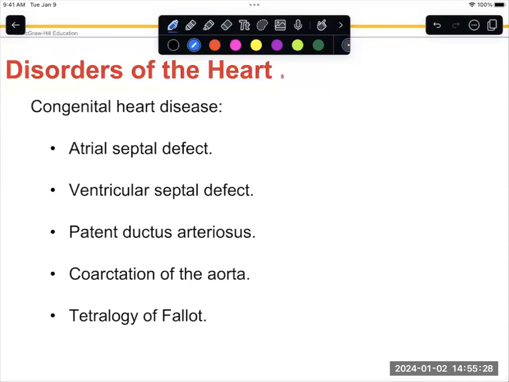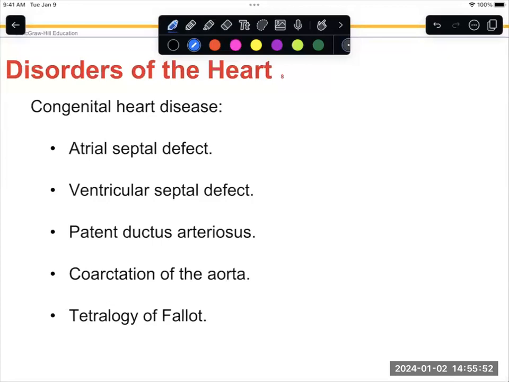Ductus arteriosus or patent ductus arteriosus. This does not close at birth. There's blood that is flowing where it shouldn't. The lungs are the first place to be damaged. And then coarctation of the aorta is this narrowing of the aorta.